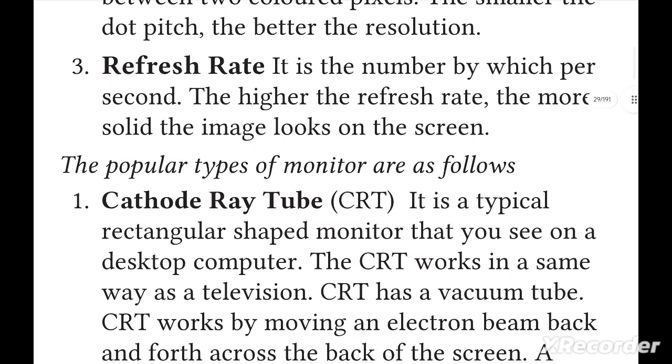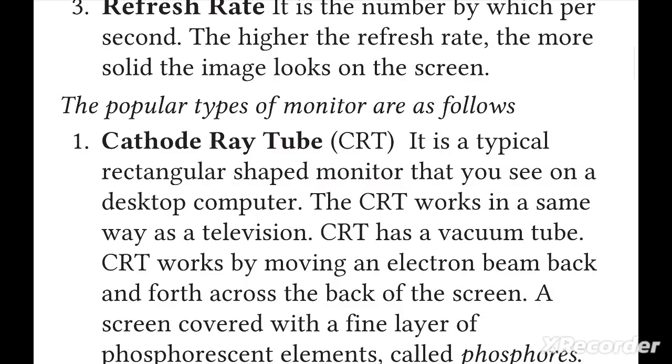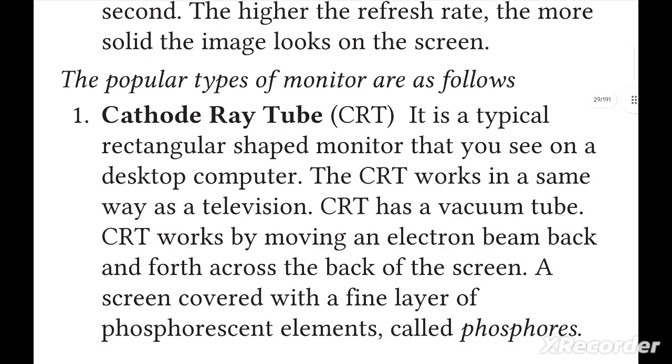The popular types of a monitor are as follows. First, cathode ray tube (CRT). It is a typical rectangular shaped monitor that you see on a desktop computer. The cathode ray tube works in the same way as a television. Cathode ray tube has a vacuum tube.